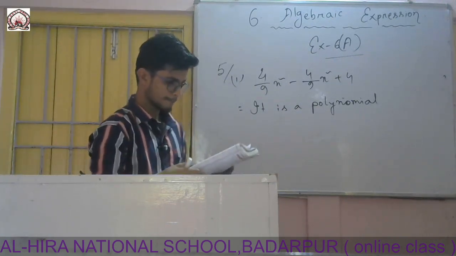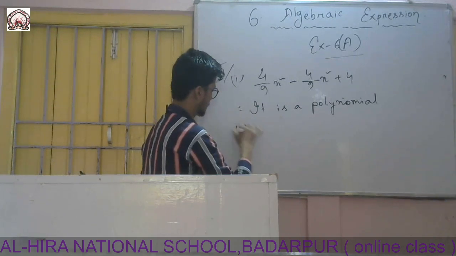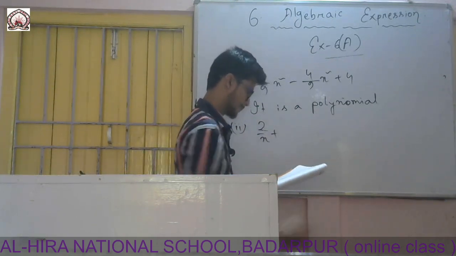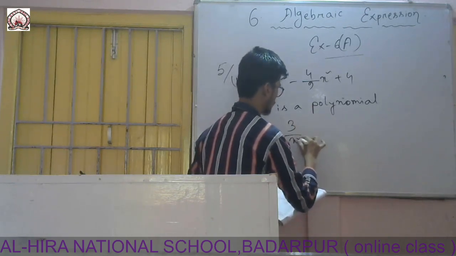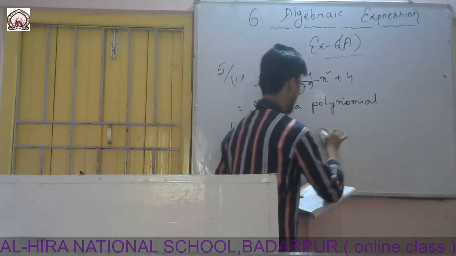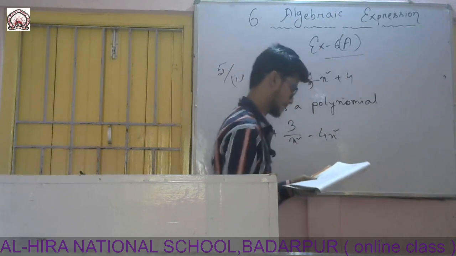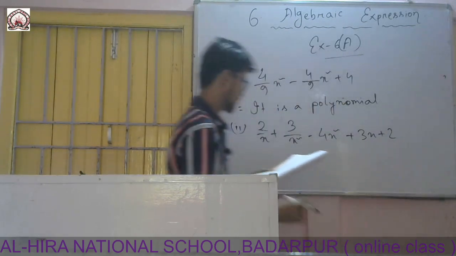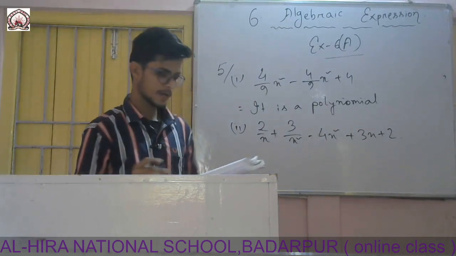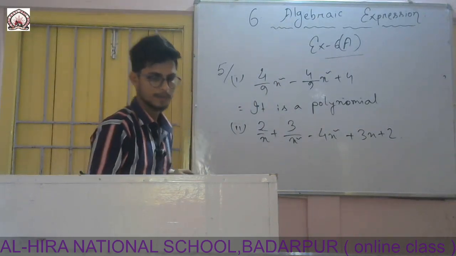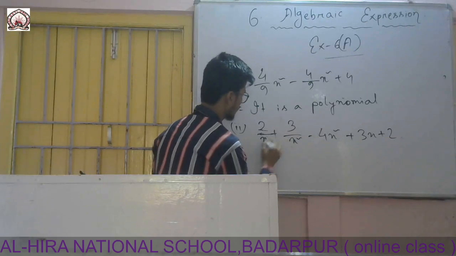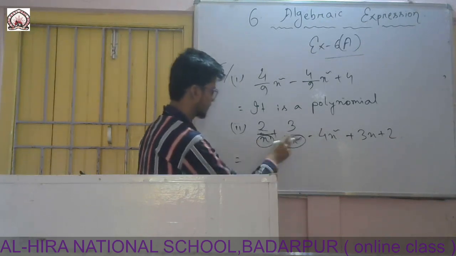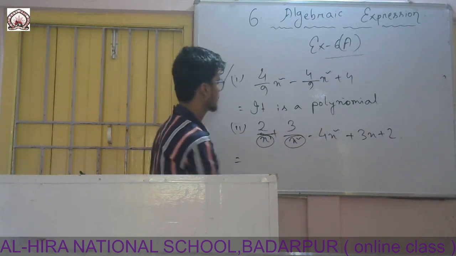Number 2, you see 2 by x plus 3 by x square minus 4x square plus 3x plus 2. So here the variable is in the denominator.